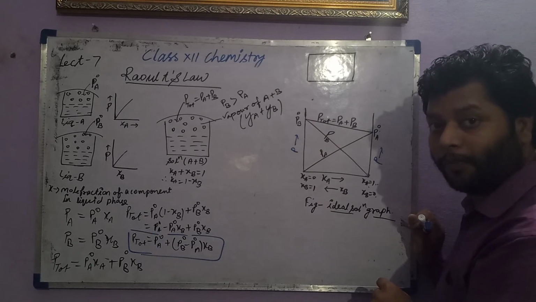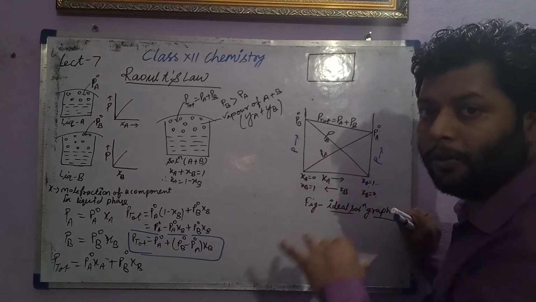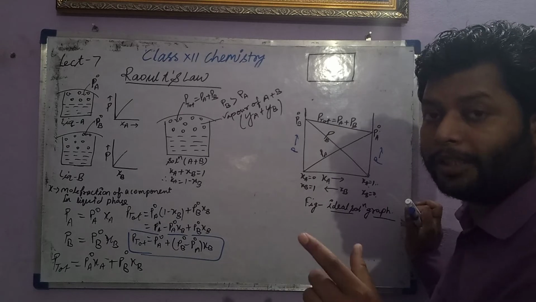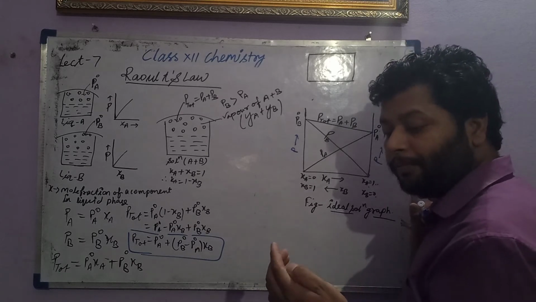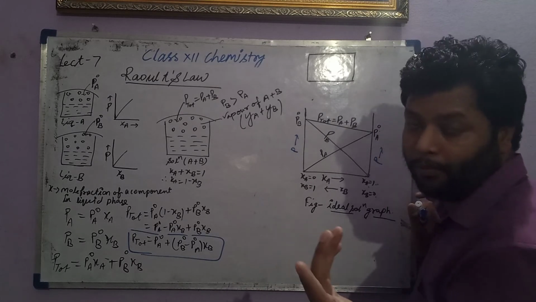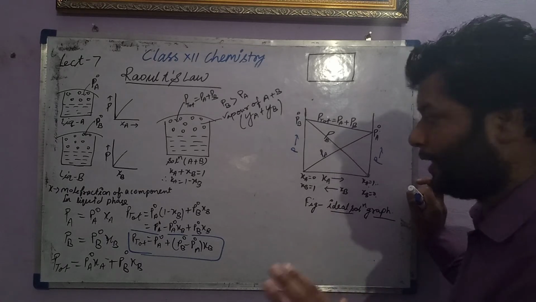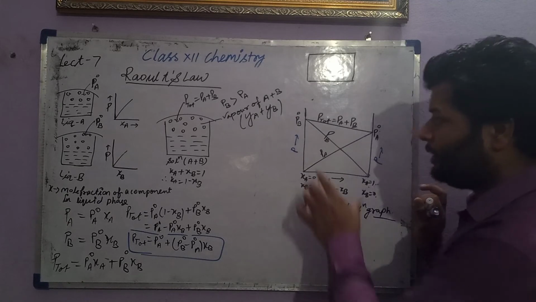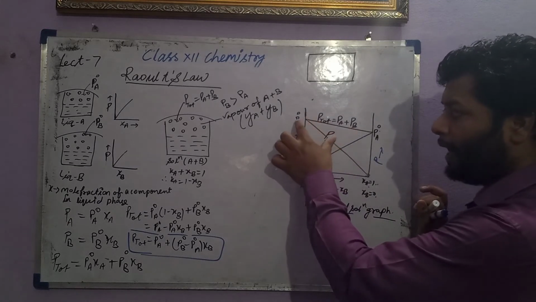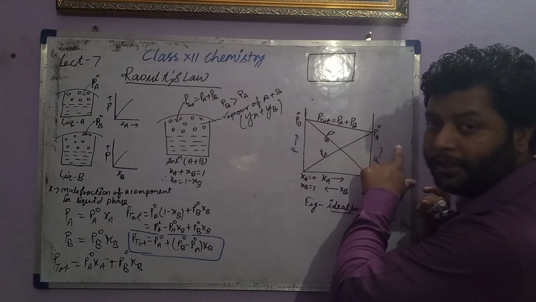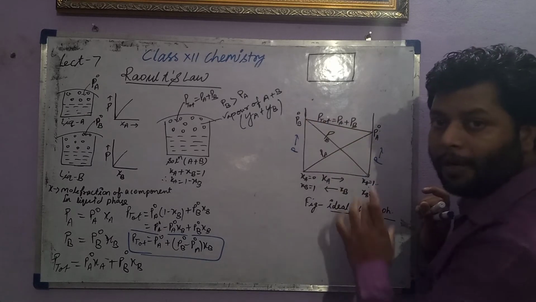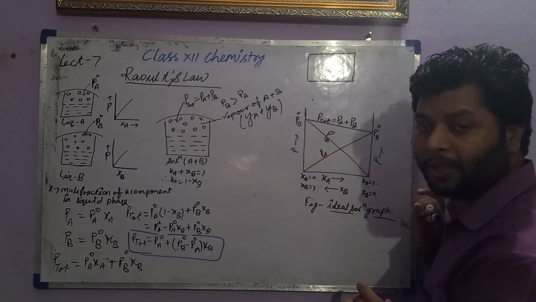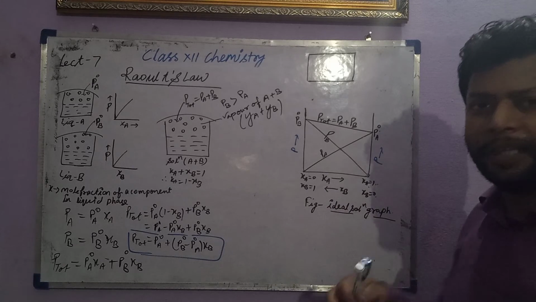This is all about the assumption of which one is more volatile and which one is less volatile. So this graph goes from a higher position of B to a lower position of A, and in between them there will be the graph of the slope of the solution, P total, which is equal to PA plus PB.